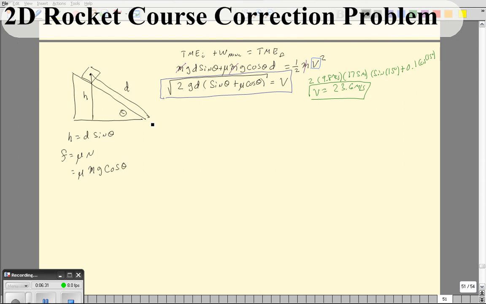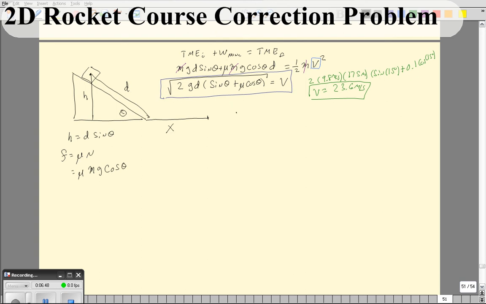Now, there's a second part when we get to the bottom of the hill. You're going to take some distance to stop. I'm going to call that distance x. And we're going to assume that all of your kinetic energy here is dissipated by the friction, taken away by the friction.